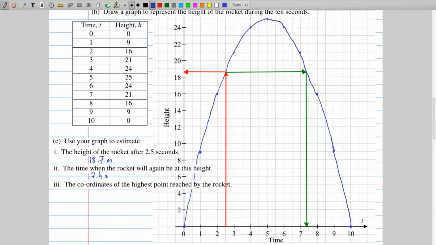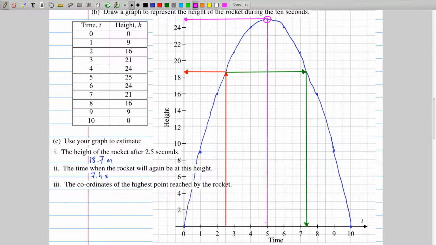Lastly, the coordinates of the highest point reached by the rocket. We can tell this from the graph because the height of the rocket is just given by the y-axis. So where's the point that's furthest on the y-axis? It's right here. And what are the coordinates of that point? We already know what they are because they're coordinates that we've worked out, but we can use the graph as well to read the points off the axes.